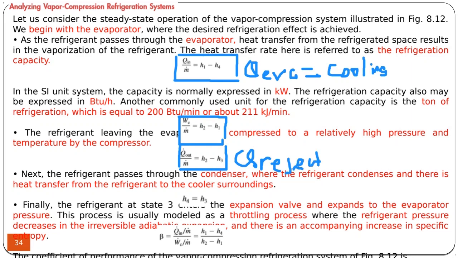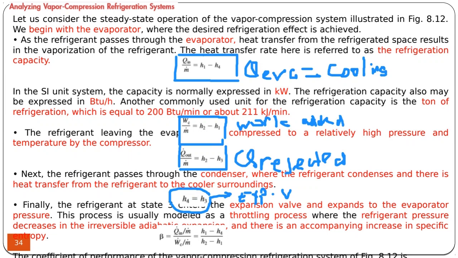This is work added at the compressor. Then I have already mentioned that inside the expansion valve, we have constant enthalpy. So the inlet and exit have the same enthalpy.